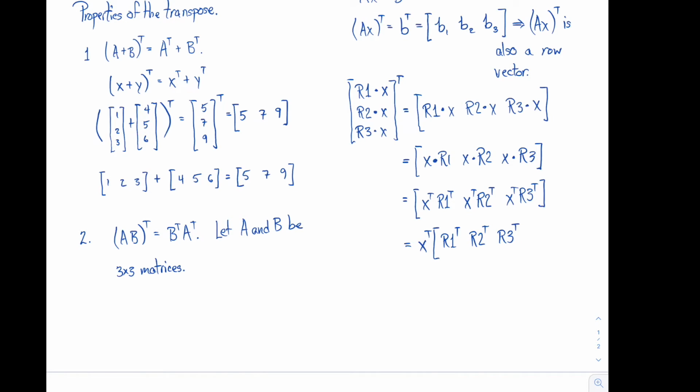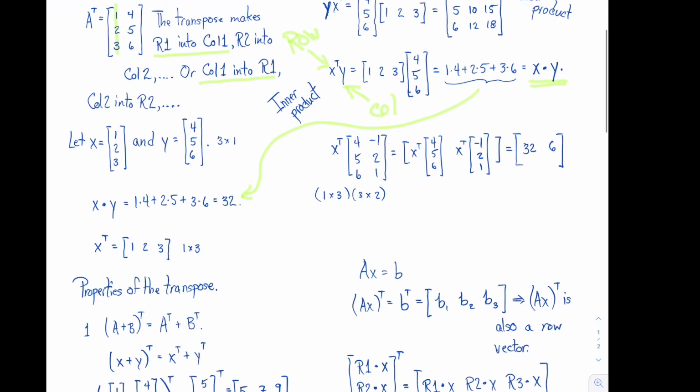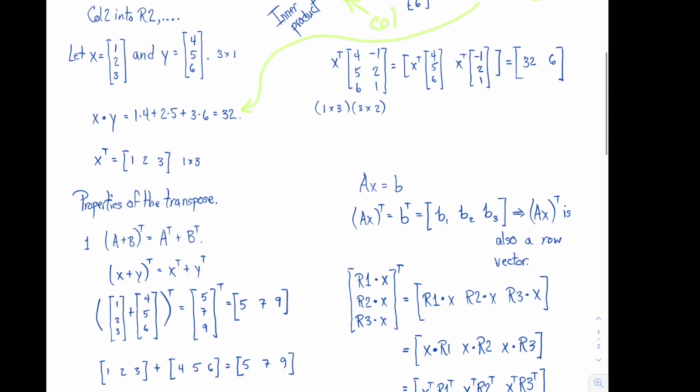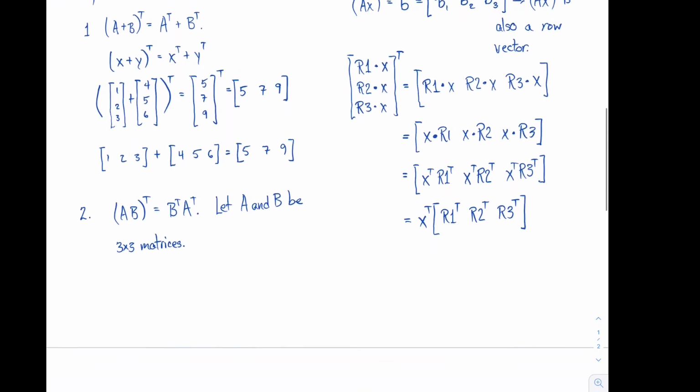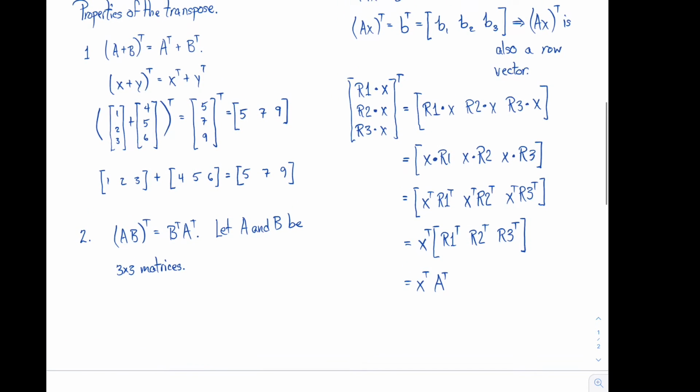And then row 3, which is now the third column, so it had to have been transposed as well. But wait a minute. What did I just do? We said up here, what does the transpose do? It turns rows into columns or columns into rows. In this case, we've turned rows into columns, and there it is. This is X transpose times A transpose. The rows have now become columns.